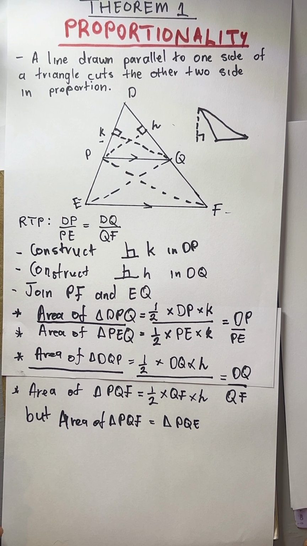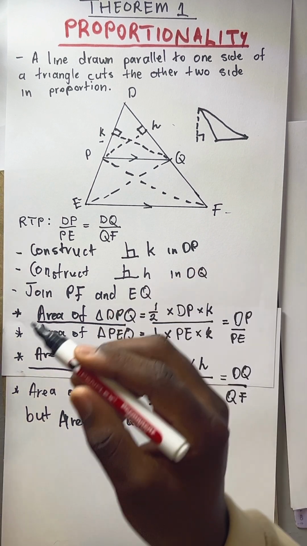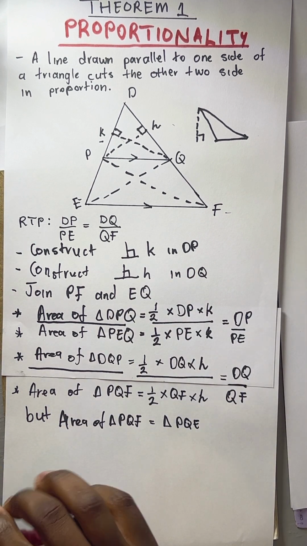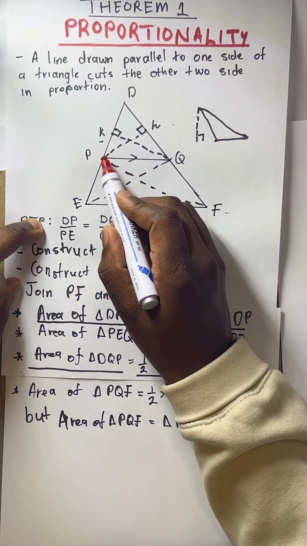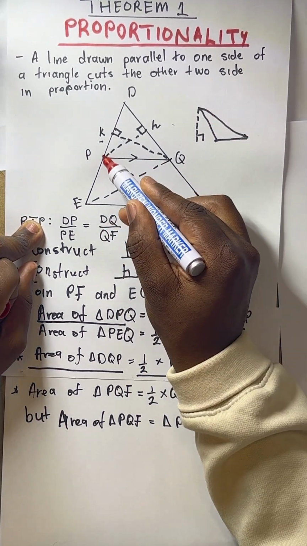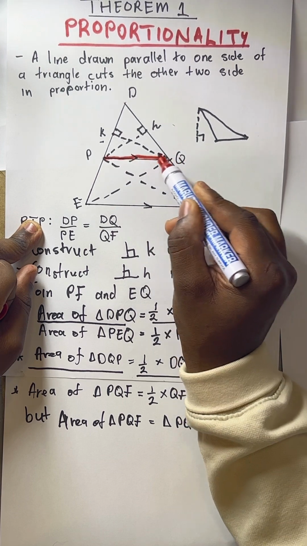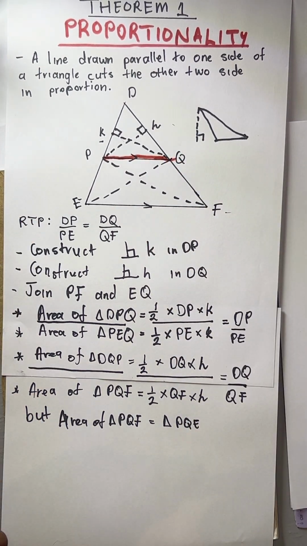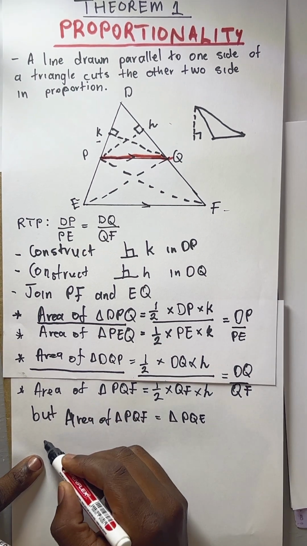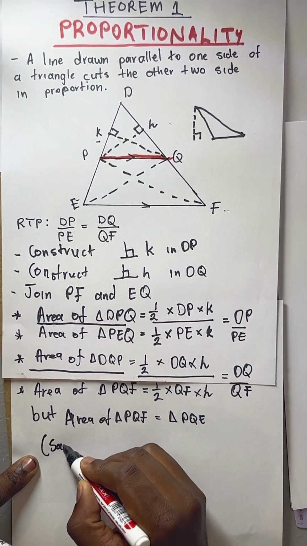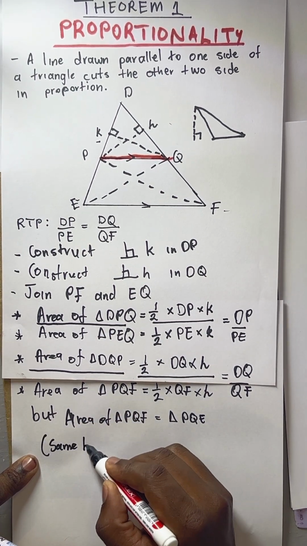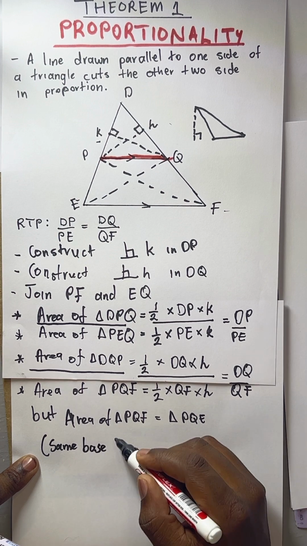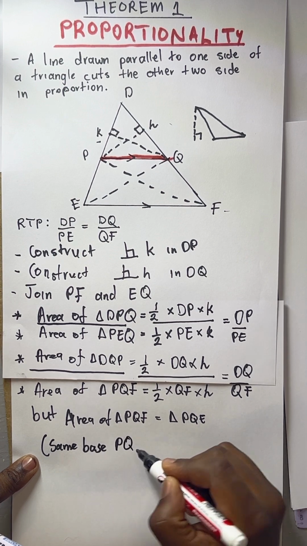Why are they going to be the same? Remember, firstly, all of them, let me write this with a color, are going to share the same base here. Can you see that all of them are sharing the same base here, your base PQ? So your reason is firstly, they share the same base, and what is that same base? It's your base PQ.